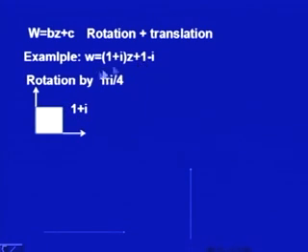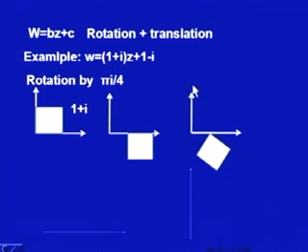Since I have to rotate, the point will be translated by a distance 1 − i. Under this translation, this rectangle will move to this rectangle, and because of the B term it will rotate by an angle of π/4. So this will finally be moved to this position under this transformation.